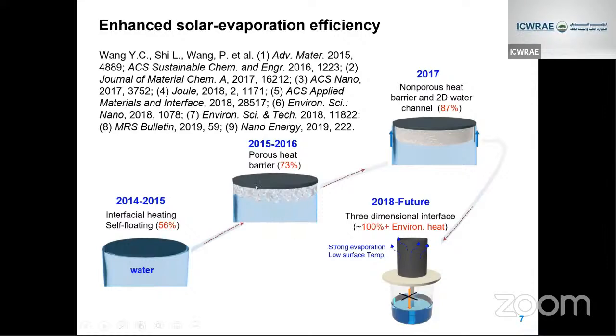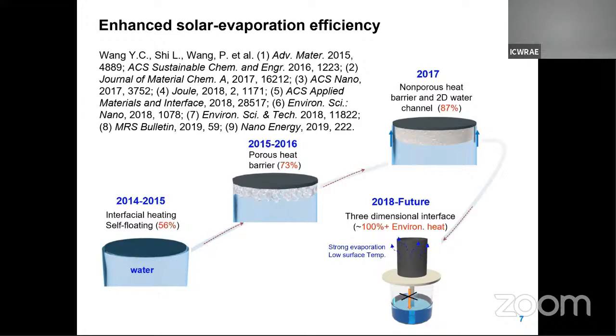One year later, the design of combined heat barrier and water transport channel further increased the energy efficiency to 33%. In 2017, people realized that when those two, heat barrier and water transport channel, were separated, we could have better solar evaporation efficiency.